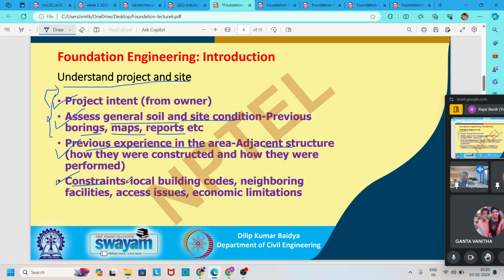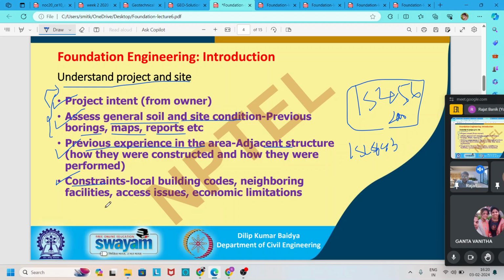Constraints mean we have to look at some standards and codes, below which we cannot go. Some popular codes are IS 456:2000 and IS 1893:2002 for earthquake resistant design of buildings.